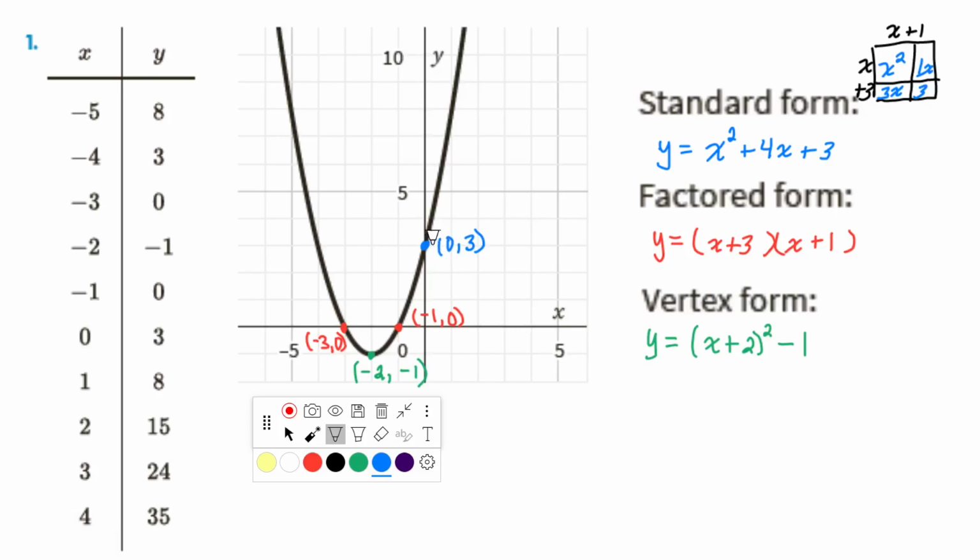If we didn't have the graph, what we could look for to find the vertex is look at these values. When we have a vertex, it's the only y value that appears in the list. It should be like a mirror image or a form of symmetry on each side, either above or below in this case. So we have our vertex at -2, -1.